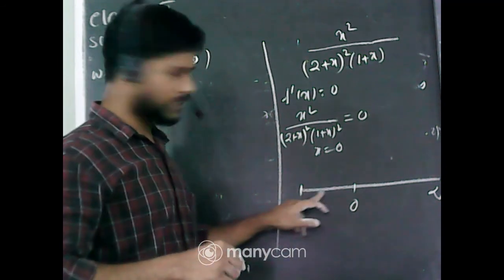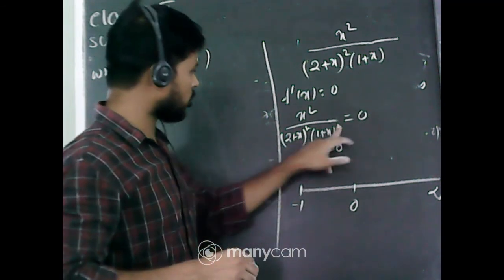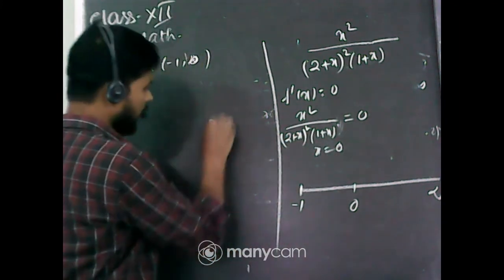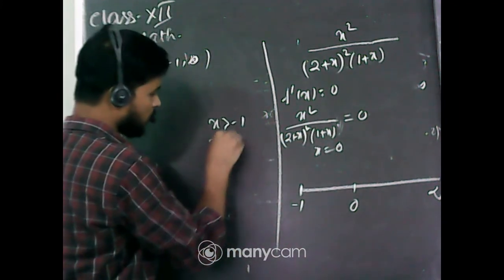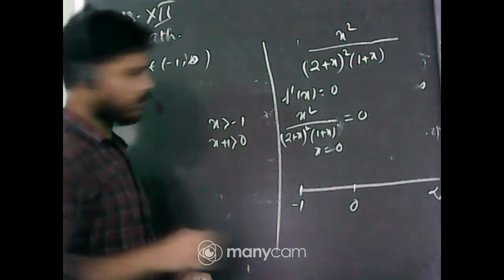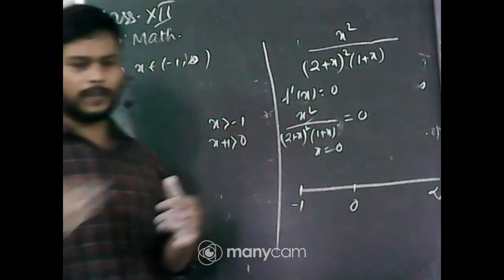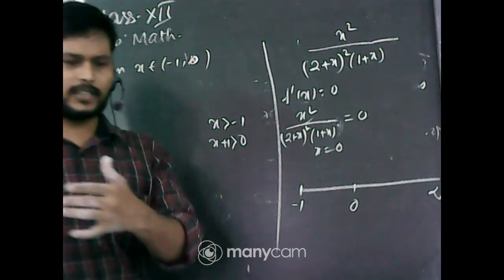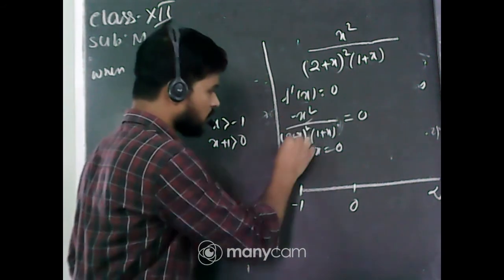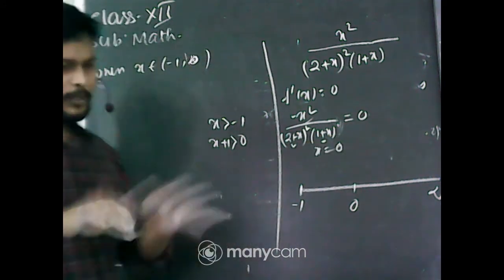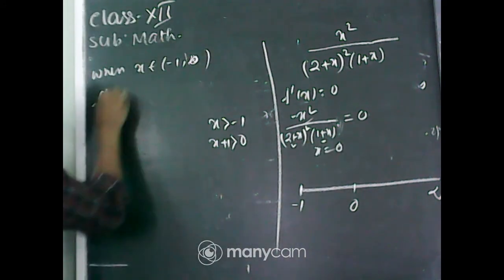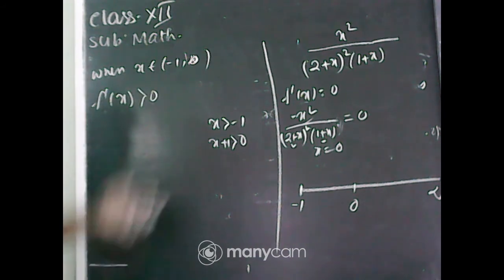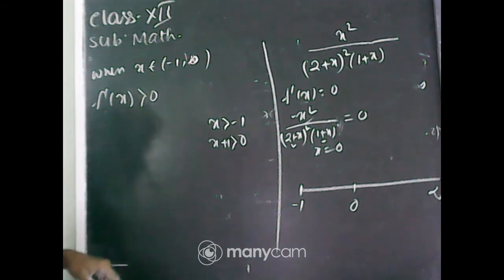If x is greater than minus 1, that means x plus 1 is greater than 0. This is a square, and we know the square of any number is greater than 0, and this is also a square. So this term is positive, this term is positive, this term is positive. That means overall f dash x will be a positive term. Means the function is strictly increasing in minus 1 to 0.